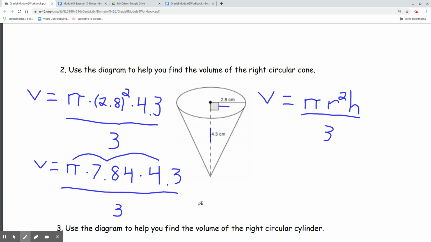And remember, you can round to 1 decimal place if you would like. So round to the tenths. And feel free to do that on all of your problems today when applicable.